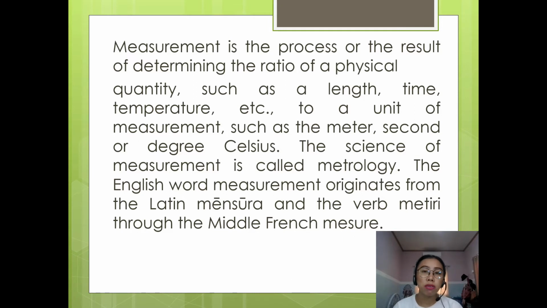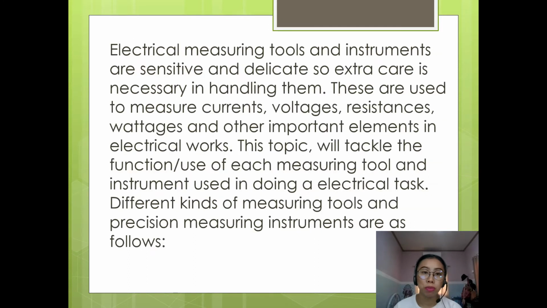Measurement is the process of determining the ratio of a physical quantity, such as length, time, temperature, etc., to a unit of measurement such as the meter, second, or degree Celsius. The science of measurement is called metrology. The English word measurement originates from the Latin mensura and the verb metiri, through the Middle French mesure.